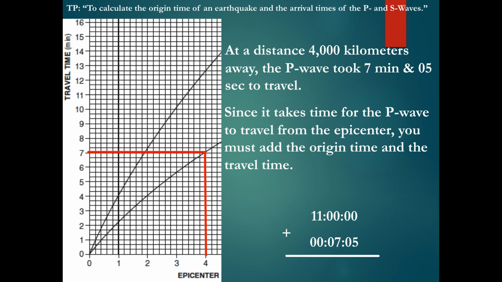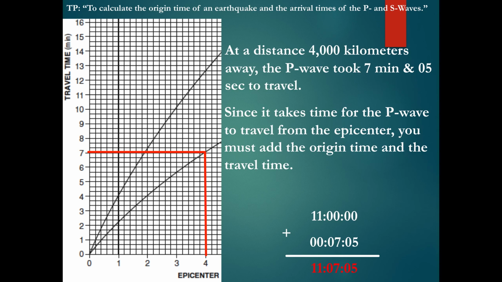Remember, I added the seconds because they weren't there. And it took 7 minutes and 5 seconds to get there. So we have a P wave arrival of 11 hours, 7 minutes, and 5 seconds. Now we know the P wave travels faster than the S wave, so the S wave should be a later time than 11:07 and 5 seconds.